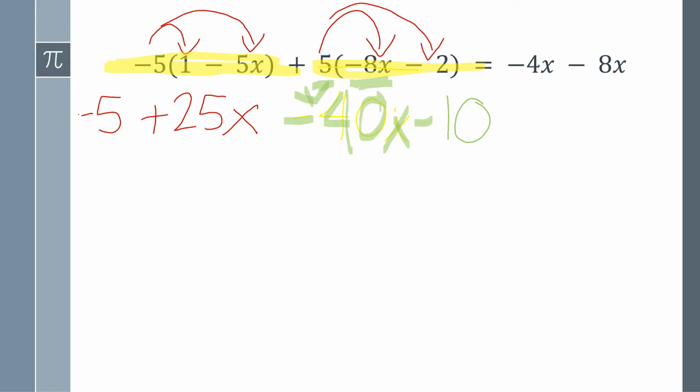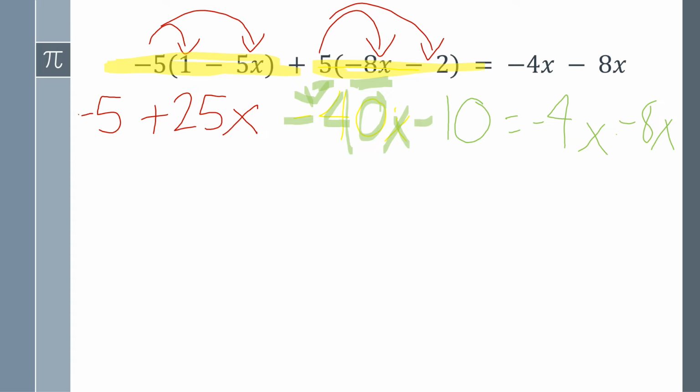All right. Equals negative 4x minus 8x. So we did that part. Now, let us get ready to combine our terms. So you gotta deal with things that are alike on both sides.